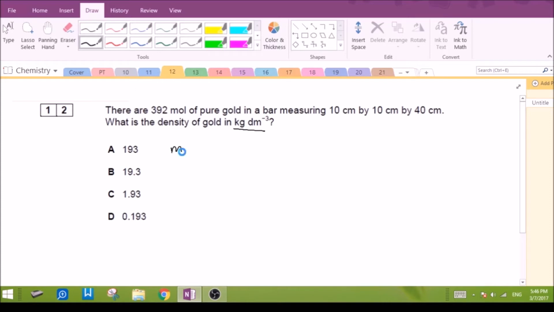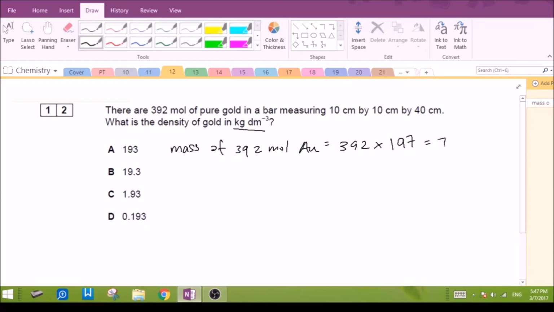Let's find out the mass of 392 moles of gold. So mass will be number of moles multiplied by the relative atomic mass of gold. If you refer to the periodic table, you will get 197.